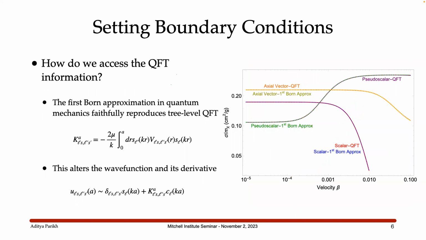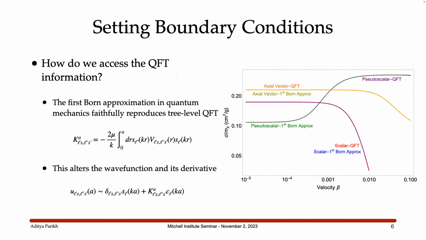Okay, so to put some numbers to it, how do we go about doing this? In particular, we know that the first Born approximation in quantum mechanics is a very good, faithful reproduction of this tree level QFT. So functionally, what we're doing is taking this long range potential and computing the first Born approximation with it.